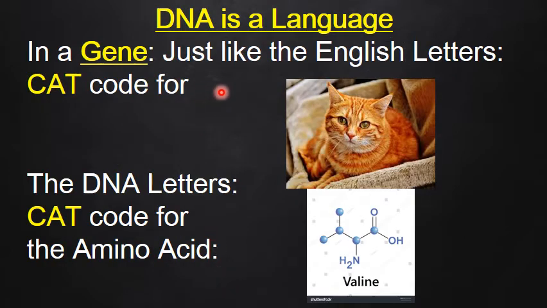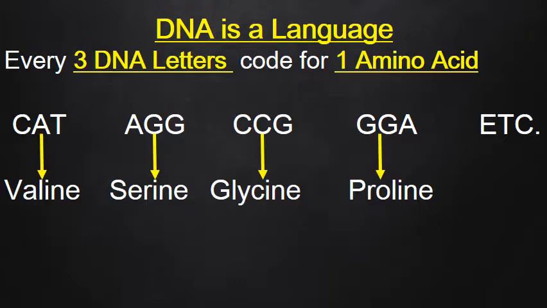In a gene, just like the English letters CAT code for this little guy here, a cat, the DNA letters CAT code for the amino acid valine. In the DNA language, every 3 DNA letters codes for one amino acid.